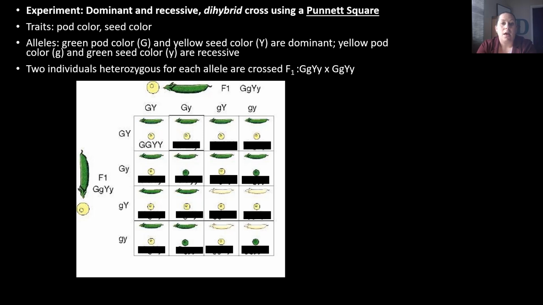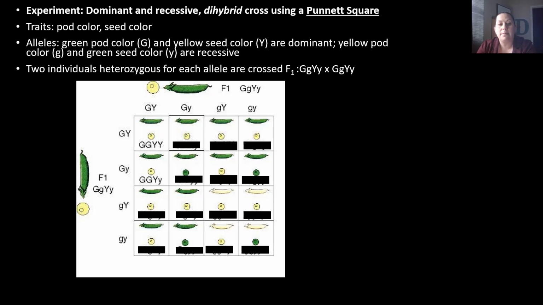But the next box in that column is going to be big G, big G, big Y, big y. You guys see where those two big G's came together and the big Y came down, the little y came over. This one is still green and yellow, but it does have one recessive y.